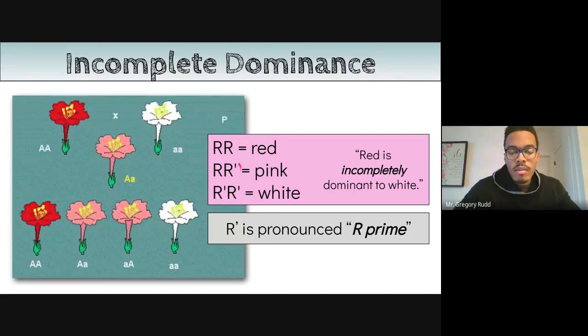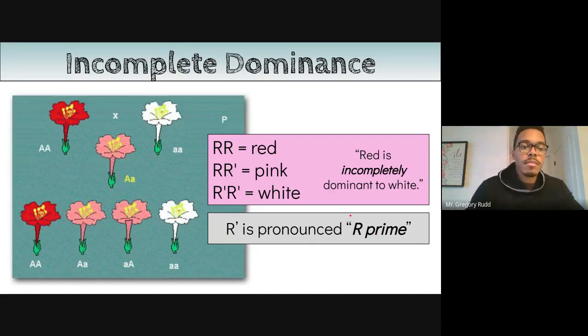Then the heterozygote has one dominant allele and one recessive allele. That recessive allele looks like R prime, and it results in a pink phenotype. The reason for that is that the recessive phenotype is white. So when we blend red and white, we end up with pink. This is what incomplete dominance gives us, a blend of the two traits. And again, R apostrophe is pronounced R prime.